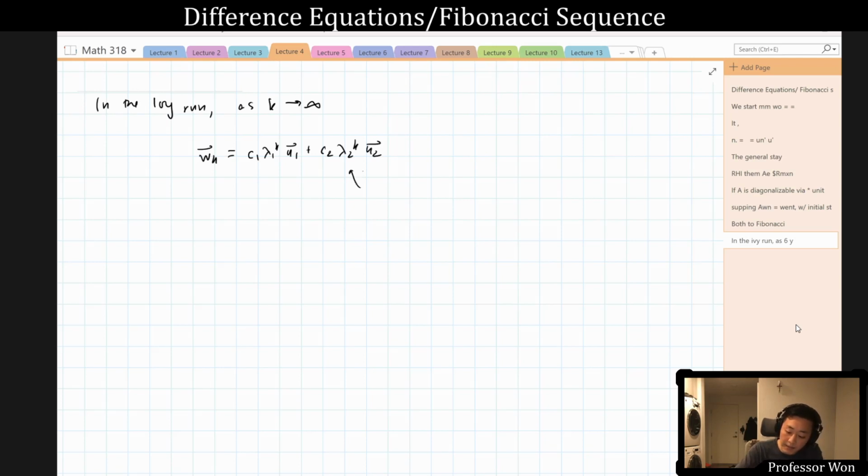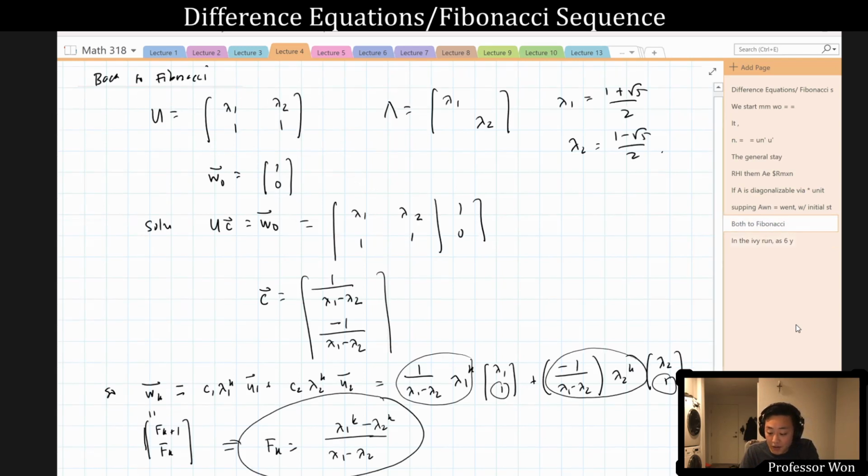But remember that lambda 2 is negative 0.618, whatever. So if you raise it to a very high power, it gets very close to 0. So in the long run, you can ignore this lambda 2 to the k term. By ignore, I mean it matters less and less and less.